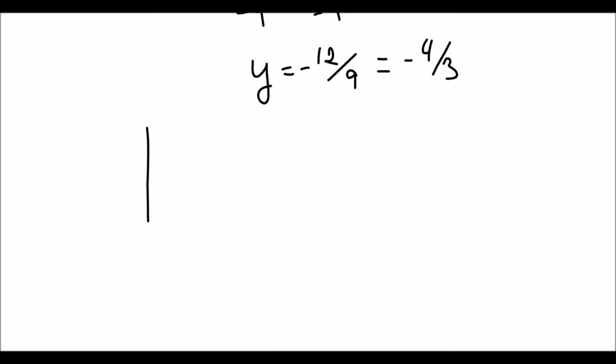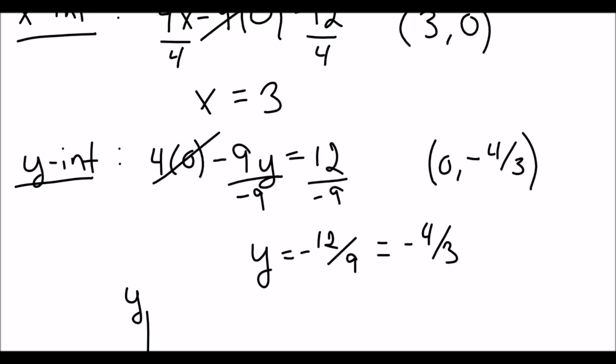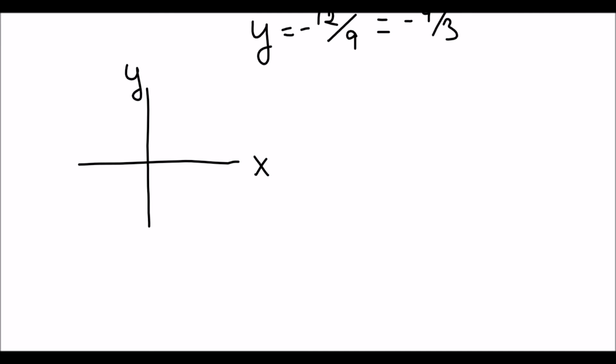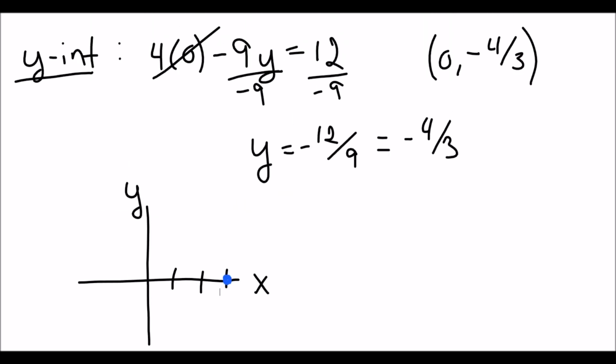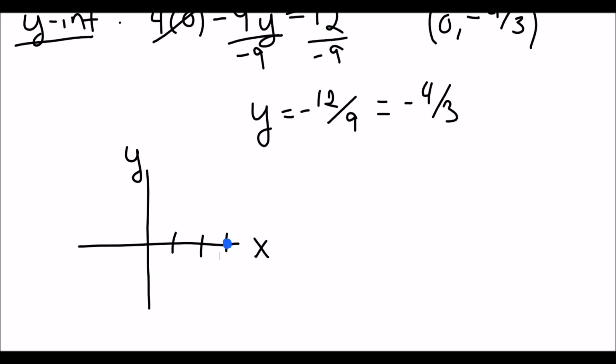And then, just like we did for the last one, let's graph those. So here's our xy plane. Here is x, and here is y. Our first ordered pair we got was 3, 0. So let's go 1, 2, 3. Okay, and we know that's 3, 0, so let's put a dot right there on 3. And then the next ordered pair we got was 0, -4 thirds.